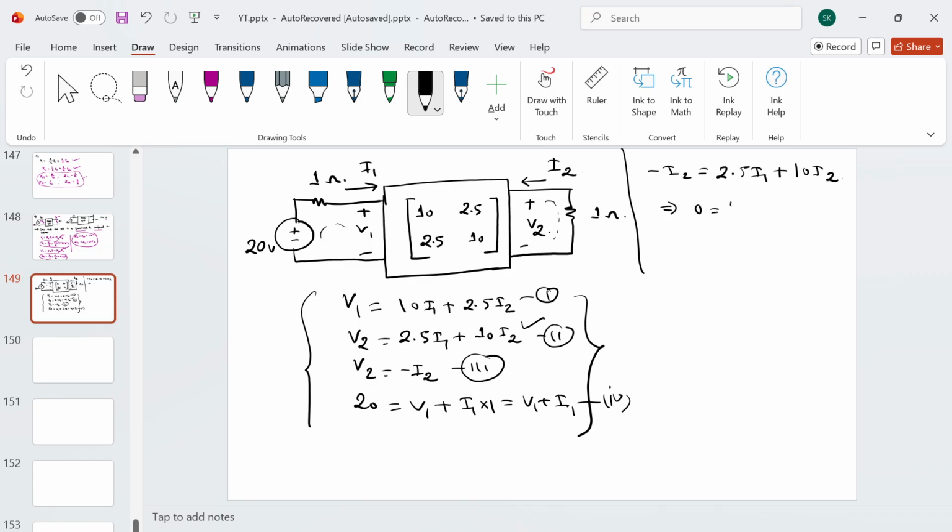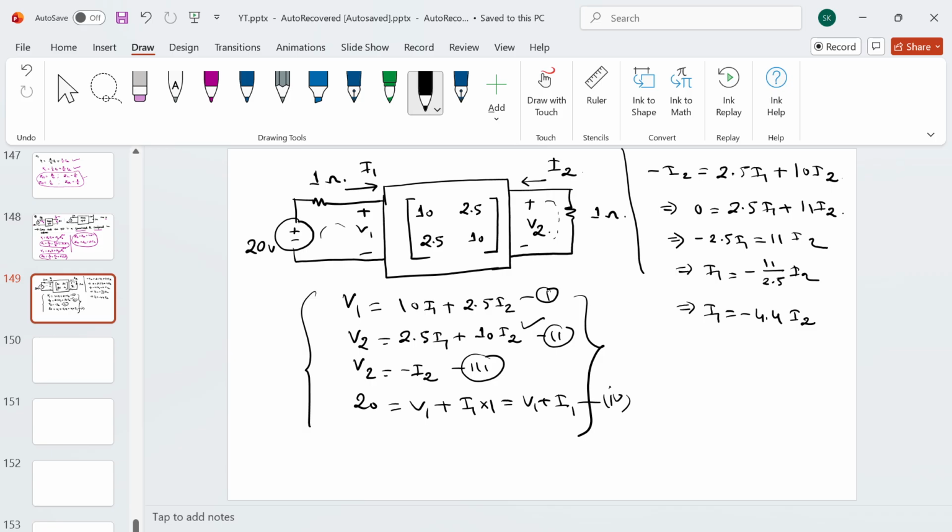So 0 equals 2.5 I1 plus 11 I2. So minus 2.5 I1 equals 11 I2, so I1 equals minus 11 by 2.5 I2, which is minus 4.4 I2.